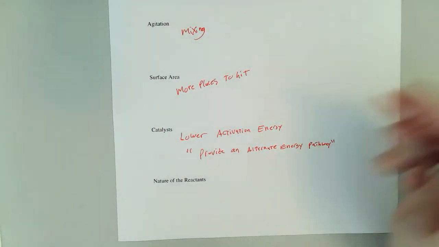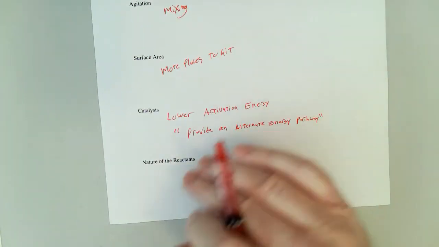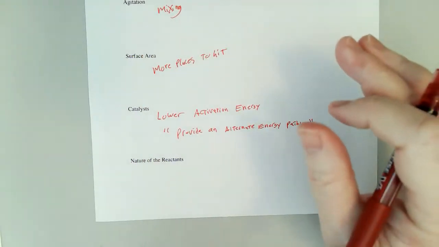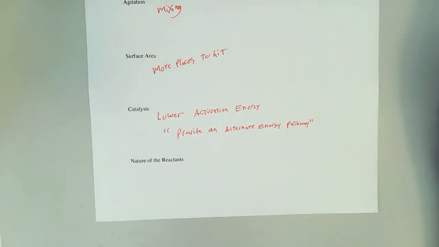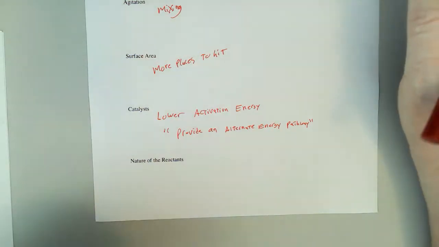We spend a lot of time on that later on. Finally, the nature of the reactants. Let's face it, some things react and some things don't. There's nothing you can do to speed up the reaction of helium because it's never going to react. So we just have to live with that. It's just in their nature.